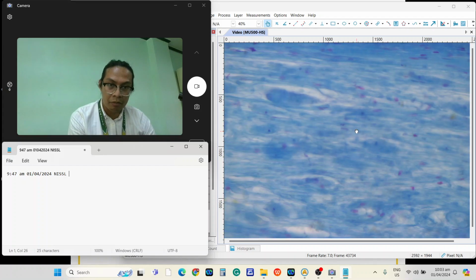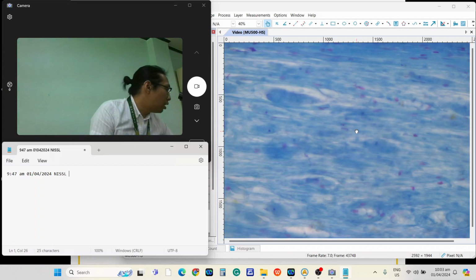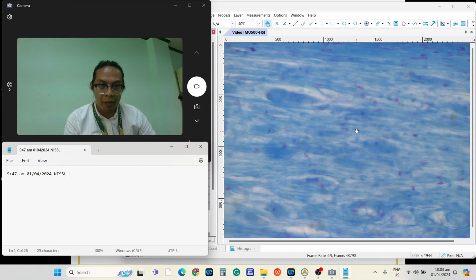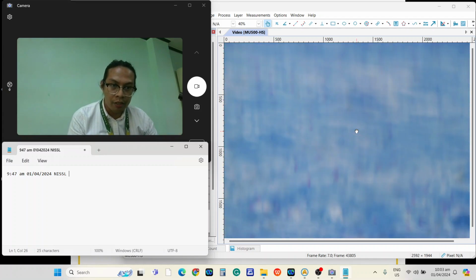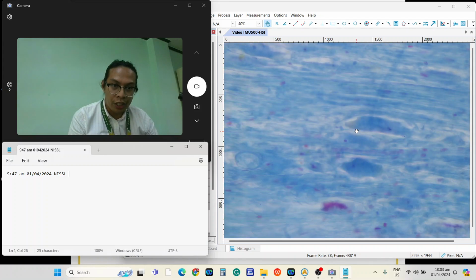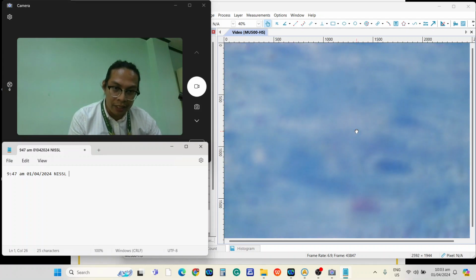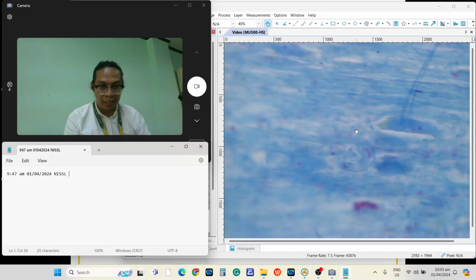Now, sometimes this Schwann cell, the myelin sheath loosens up from the nerve fiber. Ito ang magandang illustration ng Schwann cell. Kita niyo ba?